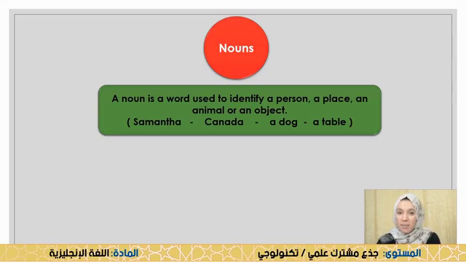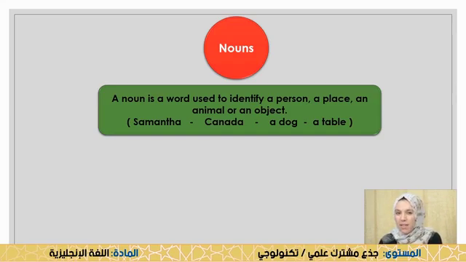It is simply a word. Why do we use this word? In order to identify a person, a place, an animal, or an object. So nouns are words used to identify people, places, animals, and objects.